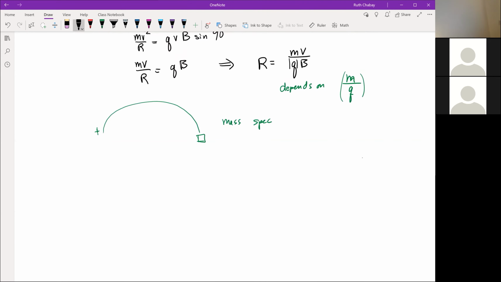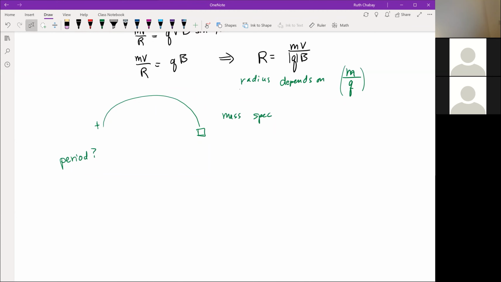Now we can also figure out the period. We found the radius depended on m over q. What about the period? And for that matter, the angular speed.